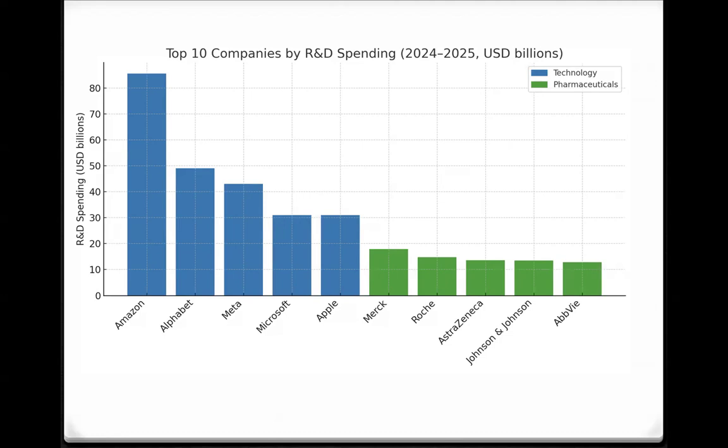This is an image of the top 10 spenders in R&D, 2025 US dollars, billions, roughly. And you also see that it is broken down by two major industries. This is one of the first times I think I've seen a list like this that does not include automotive. Automotive tends to be a really big spender in R&D as well. But if you're really looking at how our world is moving through sectoral change, you are looking at seeing the top five being tech firms, technology heavy companies.